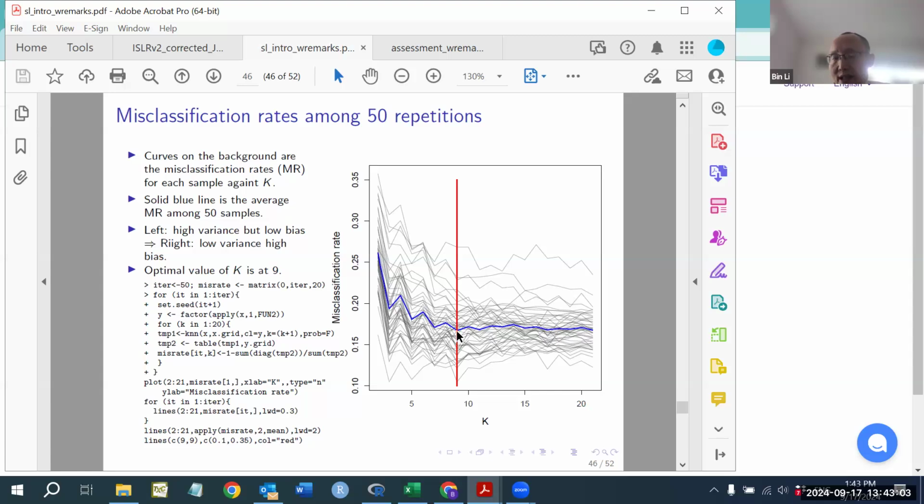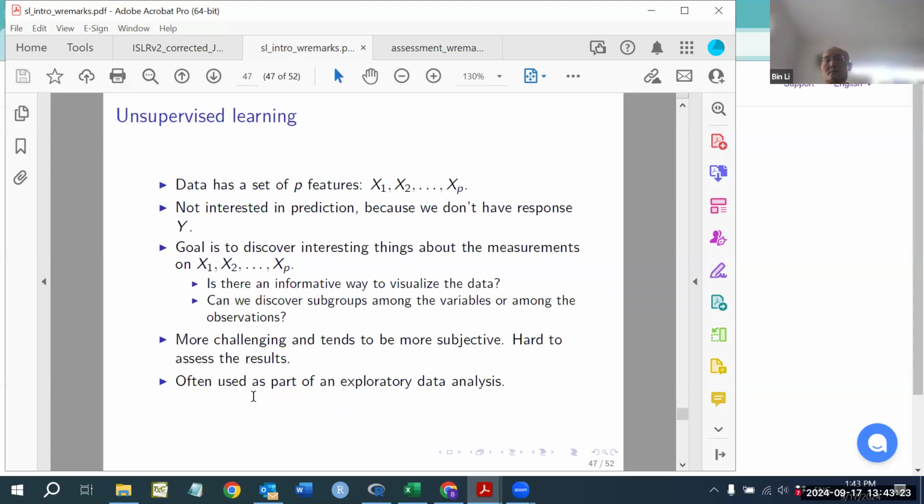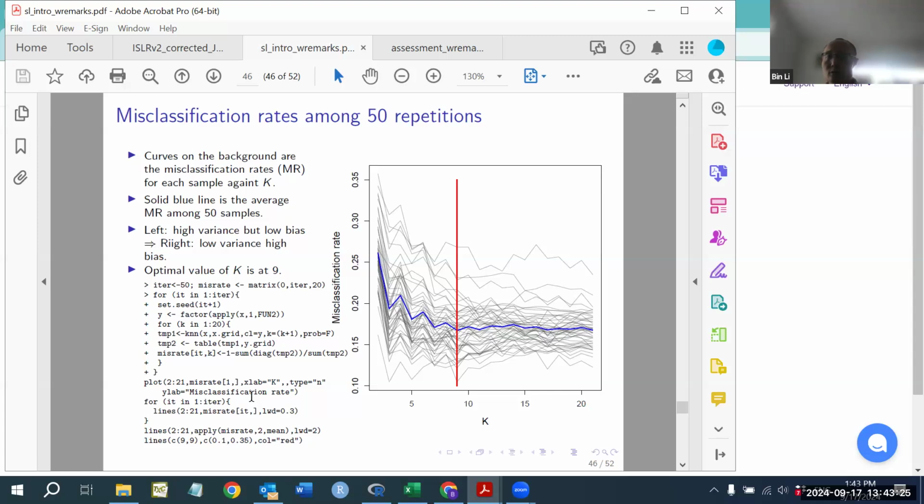You can see when the K is 9, the average is the smallest. So that tells us probably K is 9 is the optimal value for K. And this is the sample code here. Okay, so this concludes the supervised learning introduction.